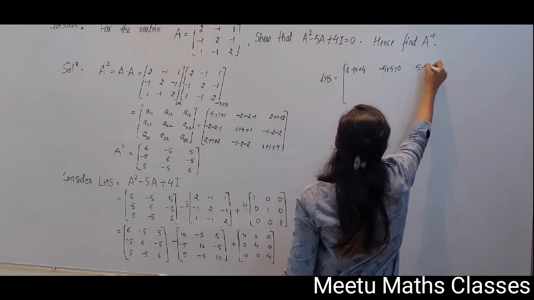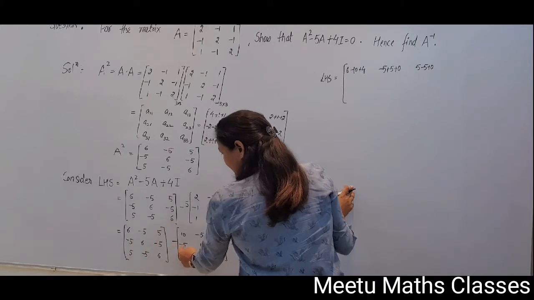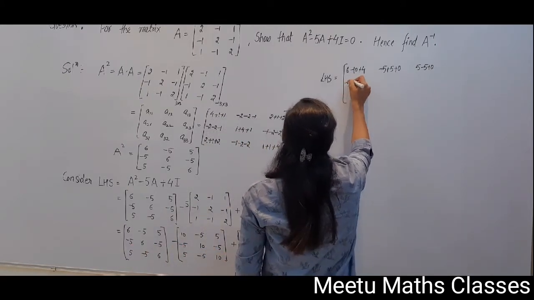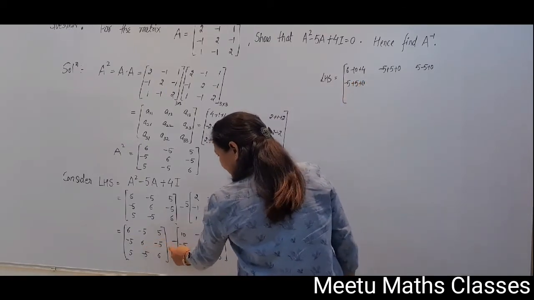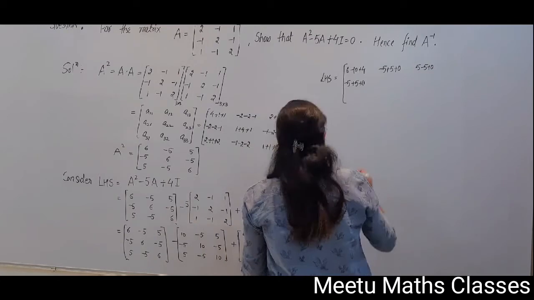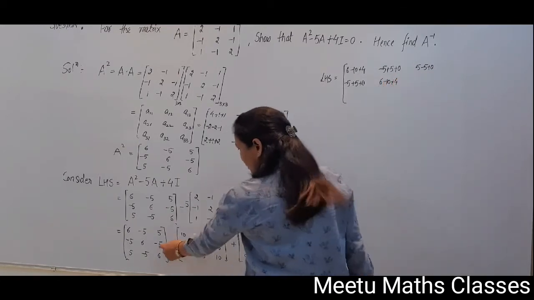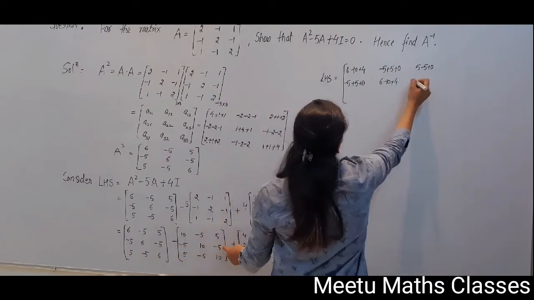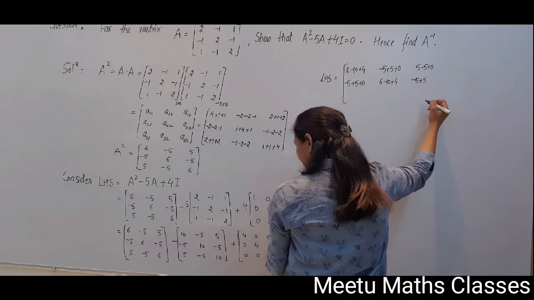Then minus 5 minus minus plus, 5 plus 0. Then 6 minus 10 plus 4. Then minus 5 minus minus plus 5, minus 5 plus 5, then plus 0.